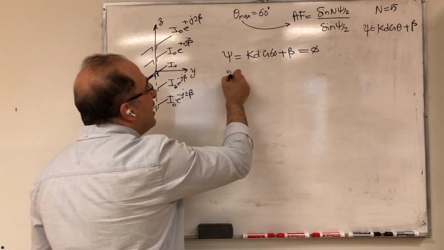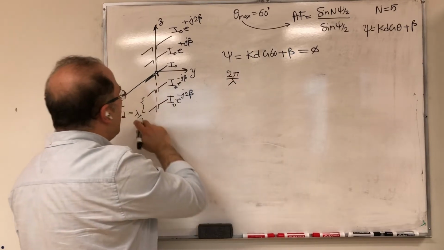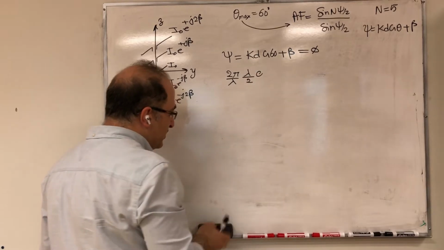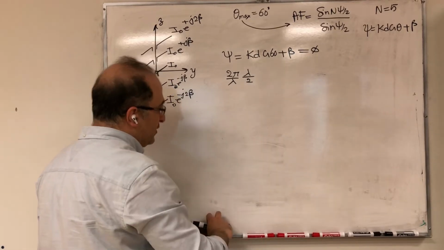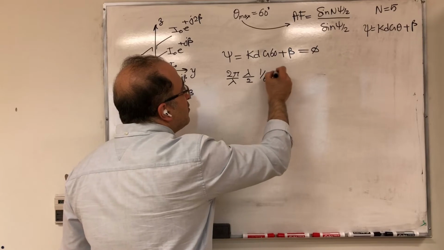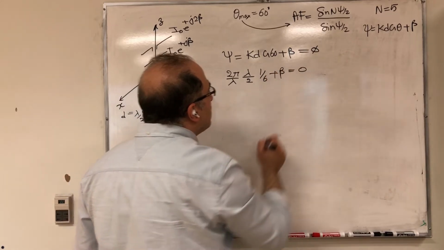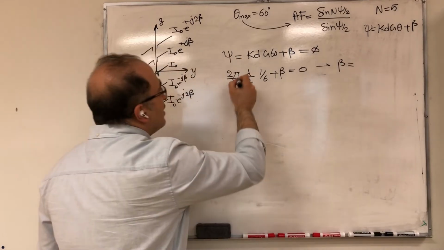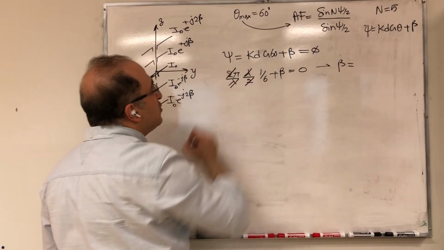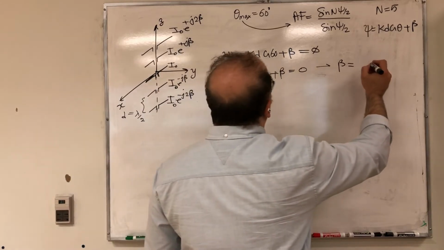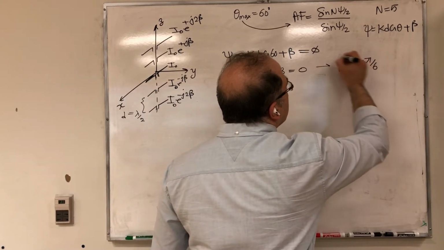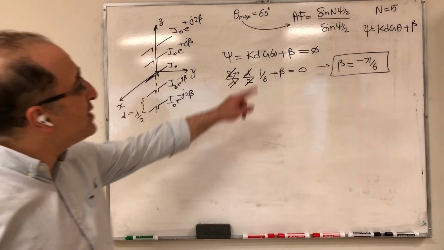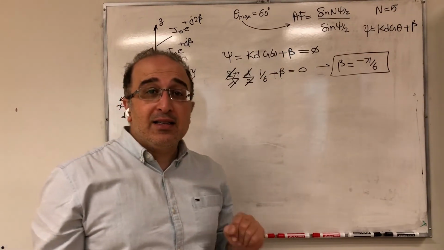Our k is 2 pi over lambda, our d is lambda divided by 2, and the cos of 60 is half, plus beta equals 0. And therefore your beta becomes, so now lambda and lambda cancel, 2 and 2 cancel, your beta becomes minus pi divided by 6. So that's the beta that you need to have the maximum array factor at 60 degrees.